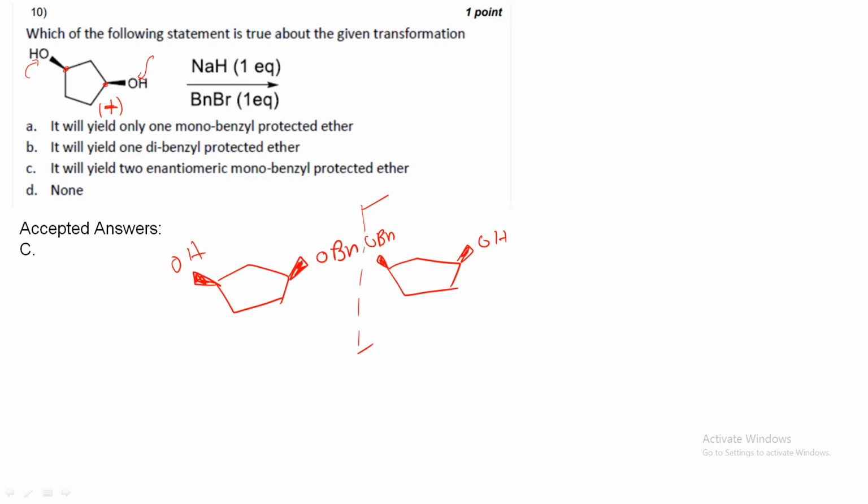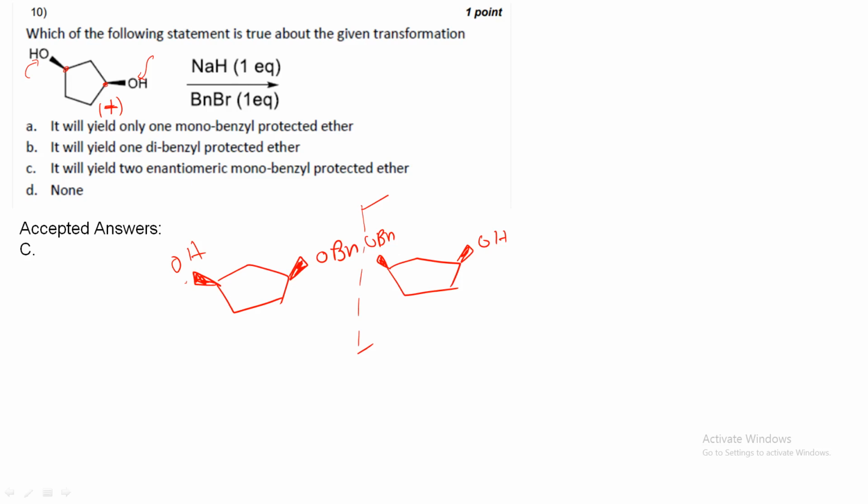But for this case, due to its structural features, although we are not interacting with this particular chiral center, we are only playing with the oxygen and proton, the oxygen and hydrogen bond, we are actually generating two enantiomers.